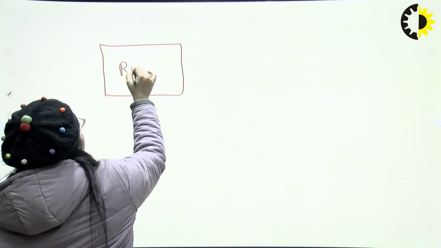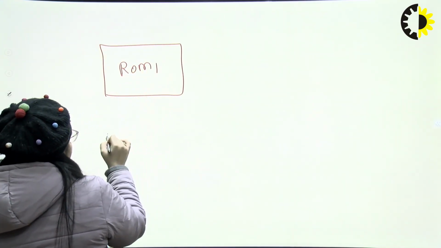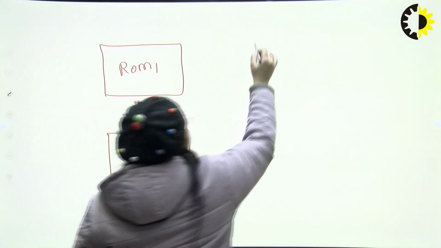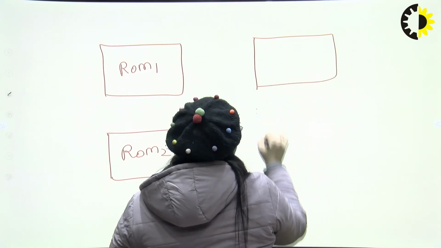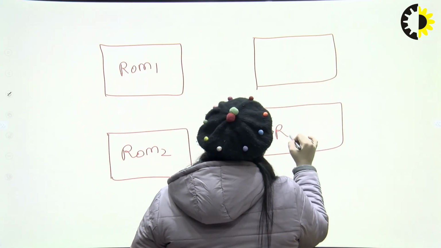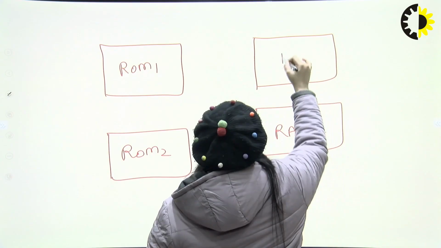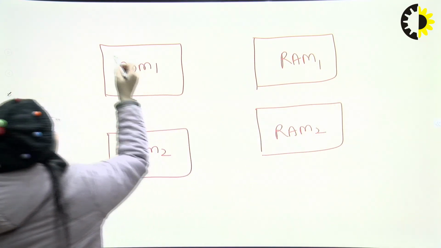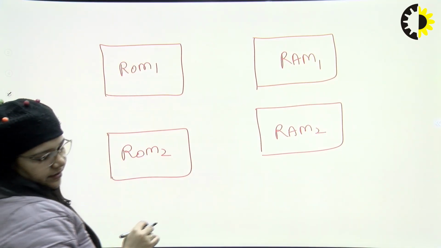So this is my ROM, ROM 2, RAM 1, RAM 2. So I need the total number of address lines. How many address lines are required?